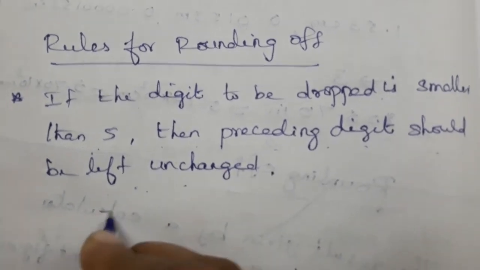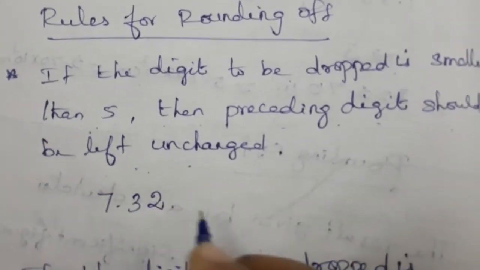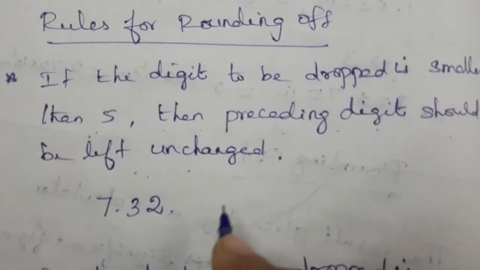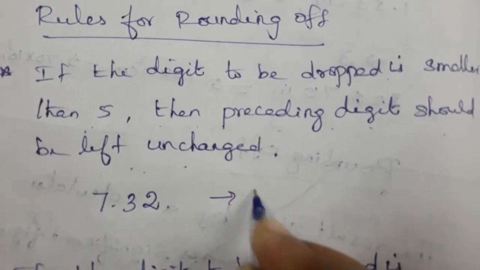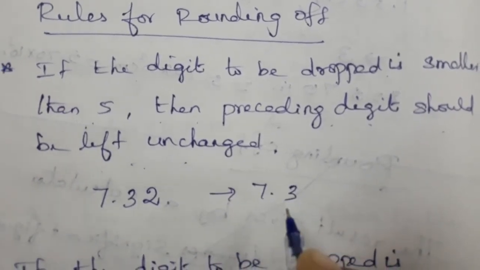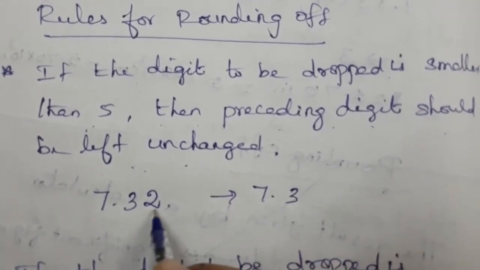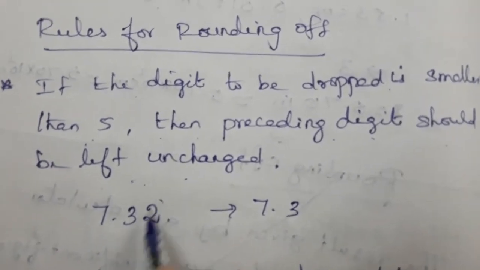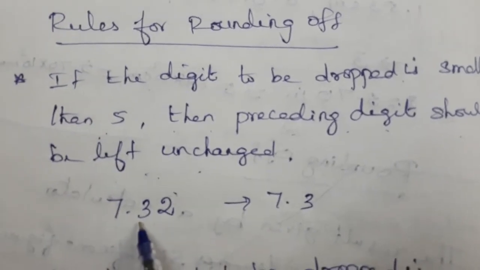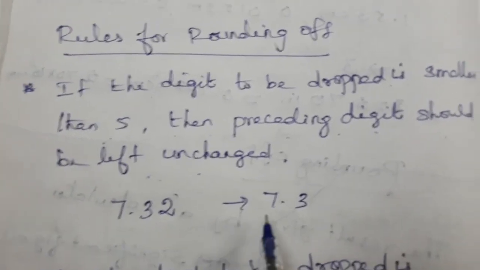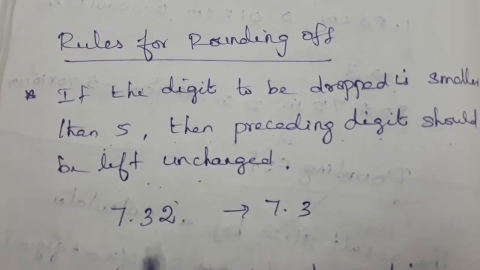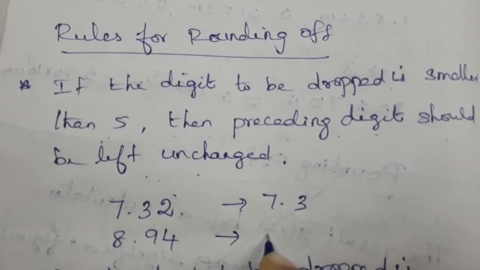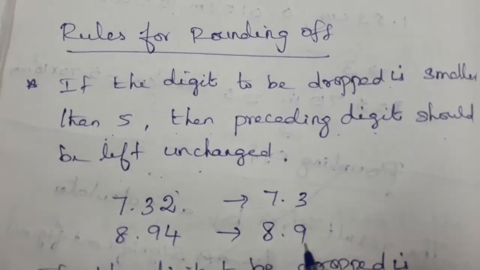For example, 7.32 is rounded off to 7.3. The digit to be dropped is less than 5, so the preceding digit is left unchanged. As it is, we have to write. So 7.3. Similarly, 8.94 is rounded off to 8.9.